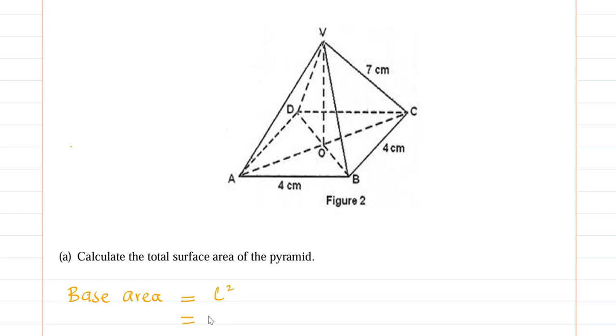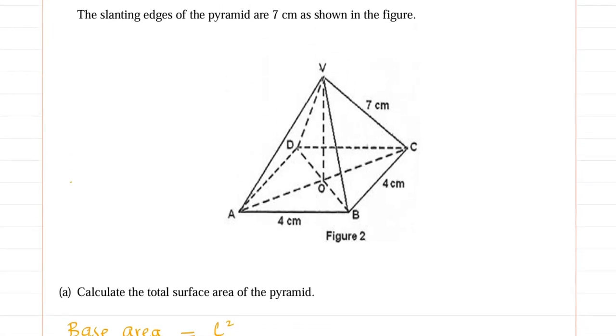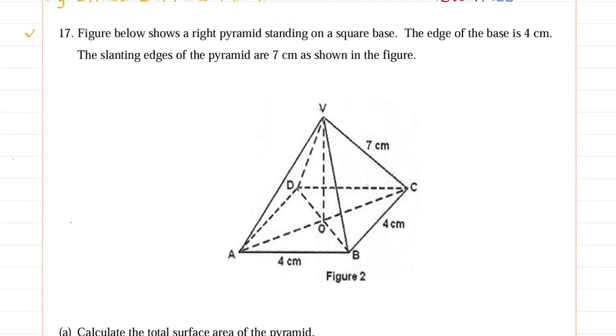And therefore here we shall have 4 times 4, and 4 times 4 gives us 16 centimeters squared. So the area of the base alone is 16 centimeters square. Why? Because the base is a square, and the area of a square is obtained by multiplying the side times side. That is one of the areas constituting the total surface area.